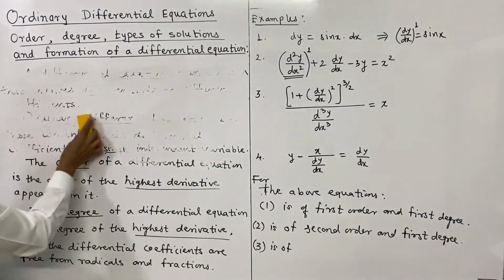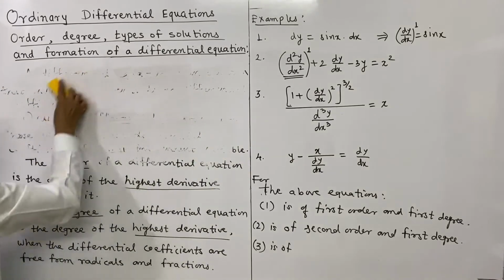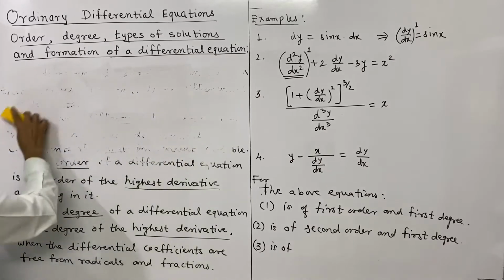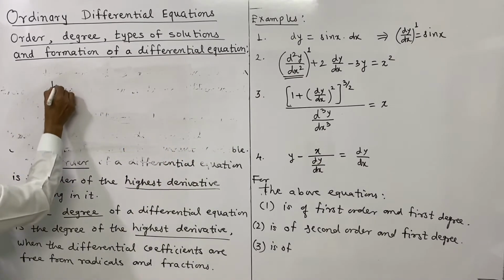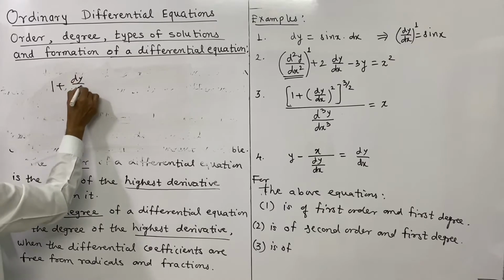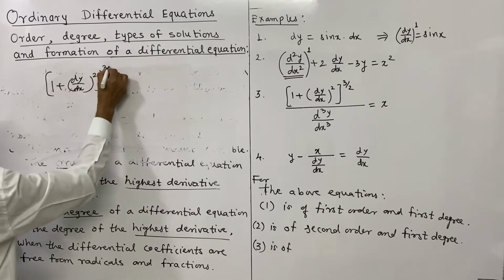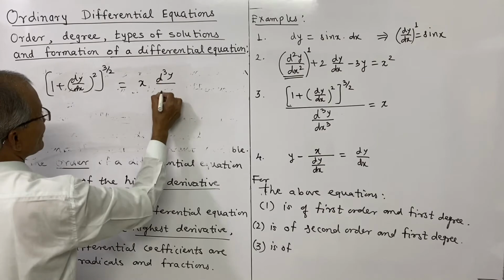So I shall write it here: 1 plus dy by dx whole square, to the power 3 by 2, is equal to x into d cube y by dx cube.